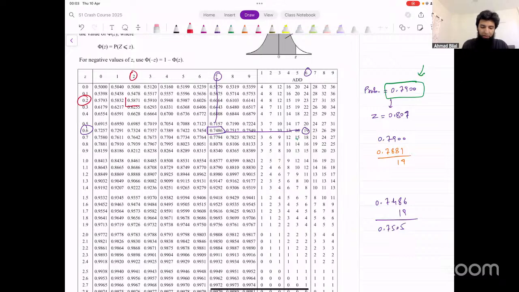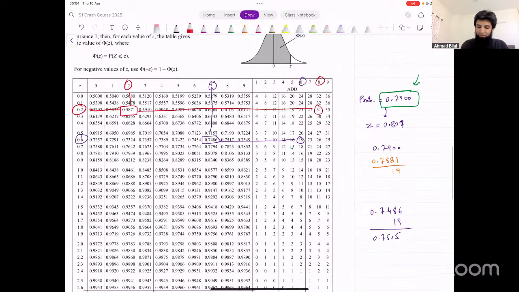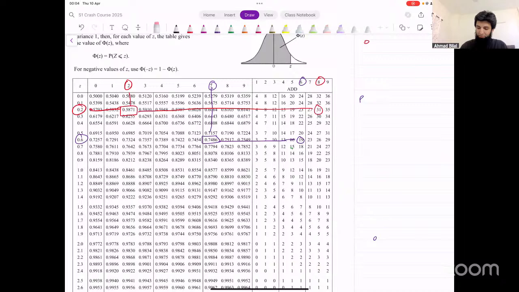0.22 gives you this, and then 8 here. That's this number, 31. 0.5871. Let me just get rid of the rest of these numbers. Okay, 0.5871, and then you have to add 31 at the end.